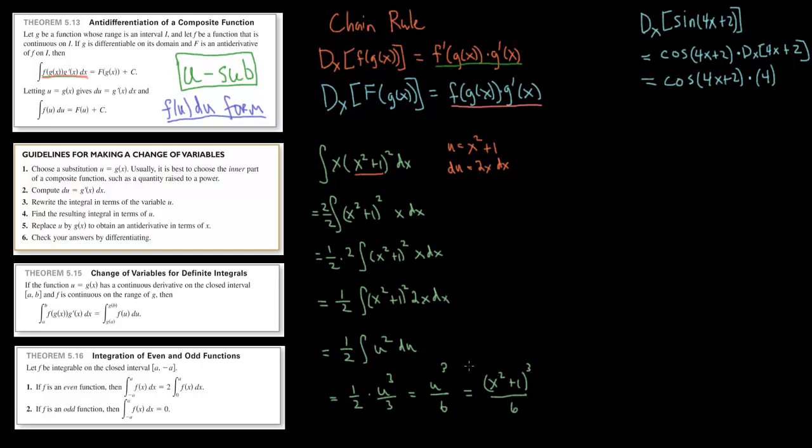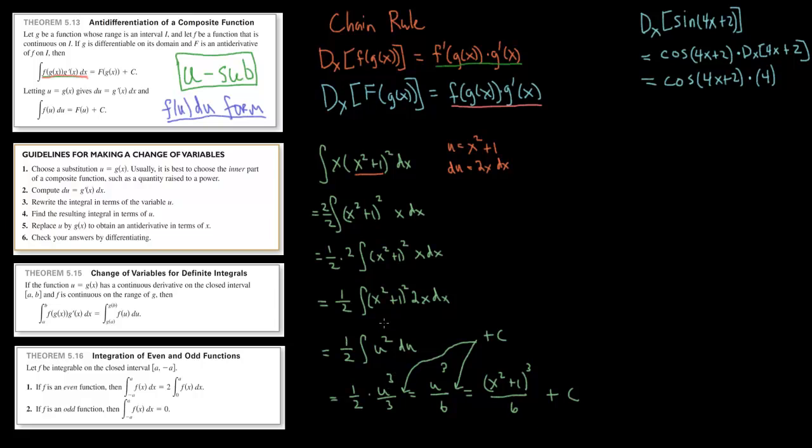Oh, you know what I forgot to do here? I always forget that. We need a plus c there. I get so used to doing definite integration that I always forget those plus c's.